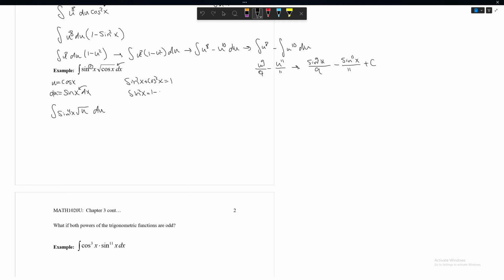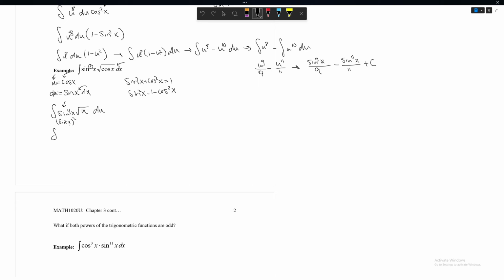How do you know when to do this? The way you know is because your u is set to cos, so you have to put this in terms of cos. And since I have sine to the 4 x, this is the same thing as writing sine squared x to the power of 2.